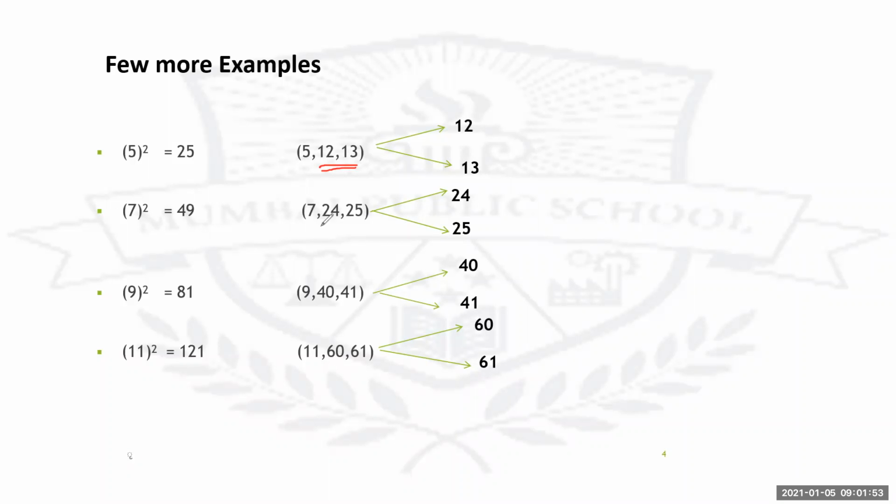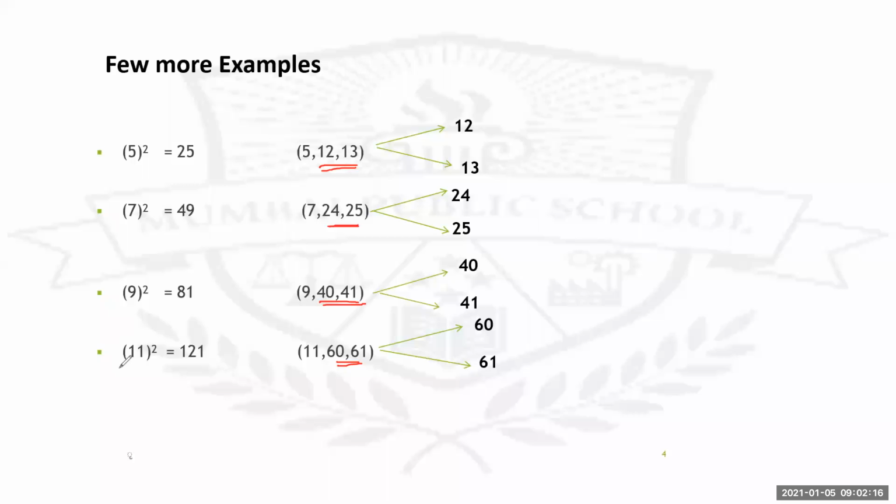Next, when you're considering 7 square, it's 24 and 25. When you're considering 9 square, it's 40 and 41. And next is 60 and 61 for 11 square. So these are a few more examples where you can easily find the Pythagorean triplet.